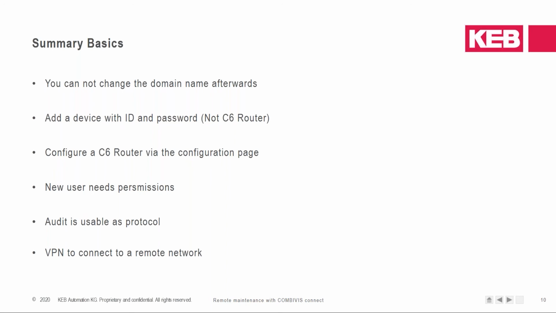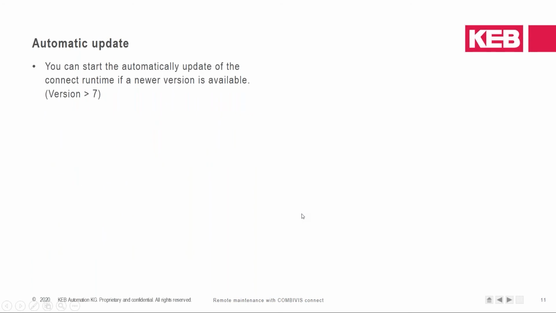A new user needs permissions. The audit is a usable protocol where you can see a lot of different things. And I showed you the VPN connection to connect to a remote network. That's the part of the basics.